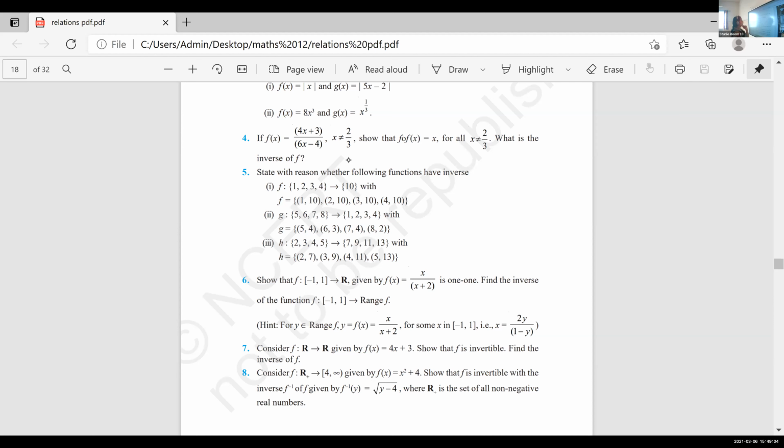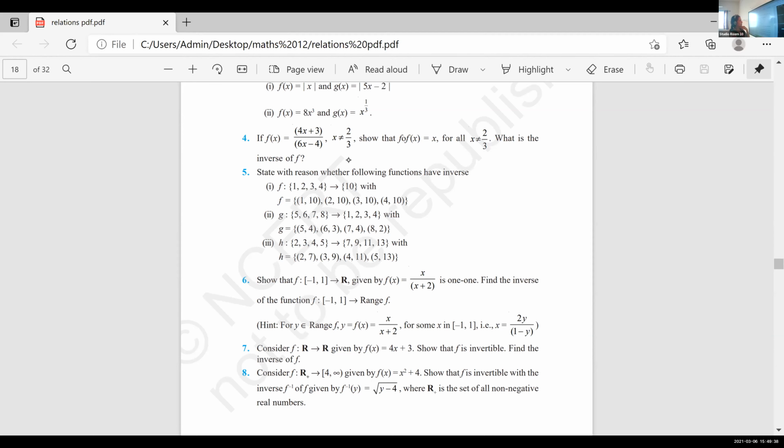Aditya, first one, whether inverse will exist? No, ma'am. Why? It is not 1, 1. Very good, Aditya. It is not 1, 1, therefore inverse does not exist. It is many to 1, isn't it? What about the second one, Krishna Chandran?